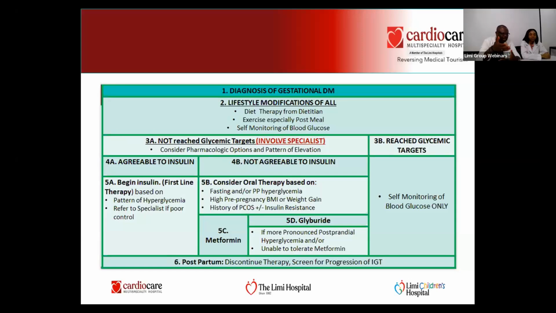So if the patient is not agreeable to insulin, which is first line based on hyperglycemia, now refer to a specialist. At the same time, if not agreeing to insulin, consider other therapy based on fasting hyperglycemia, high pre-pregnancy BMI or weight gain, history of PCOS, insulin resistance.